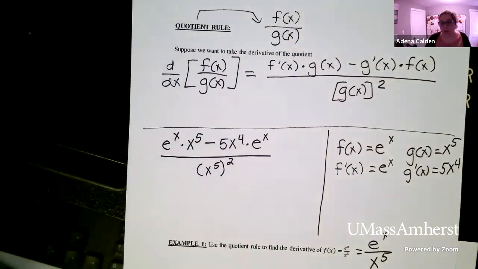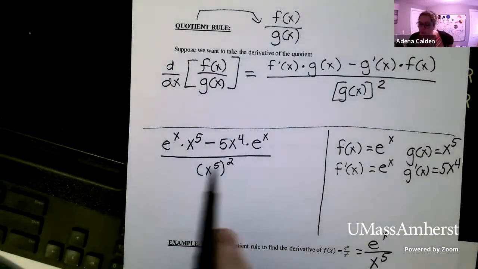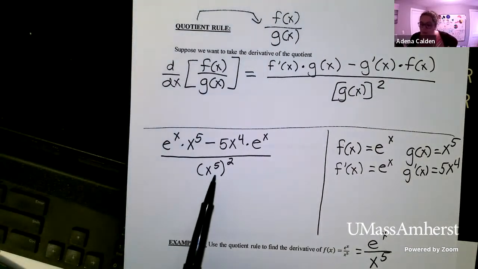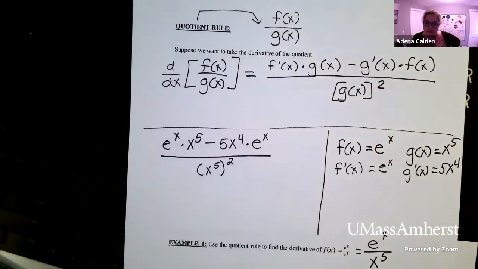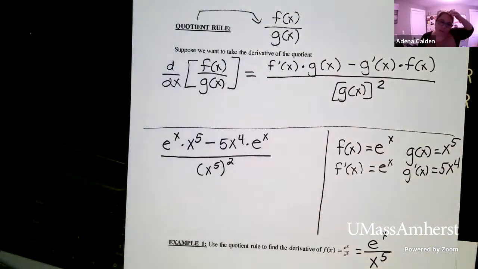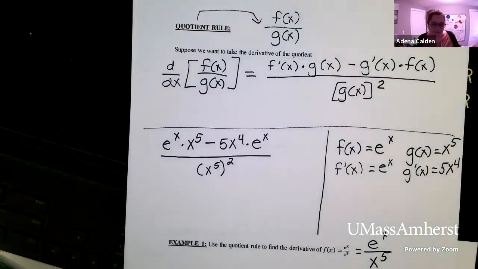Okay. Now, typically, we don't square this out. Right? In general, when we do the quotient rule, we leave this as whatever the term is squared. And when we look at the numerator, we only simplify really obvious things. So like if you have a 5 times 2, you would make it a 10.